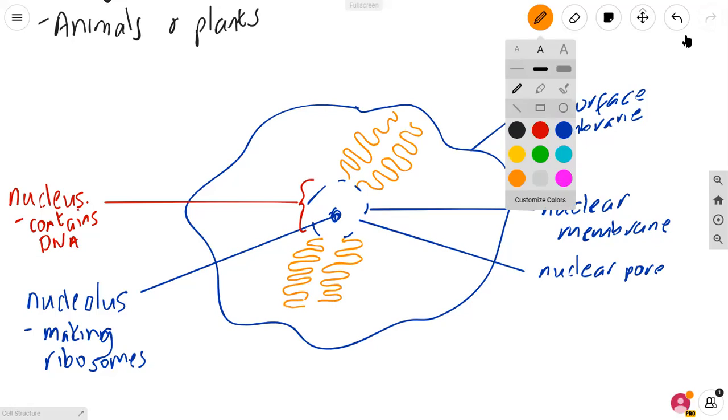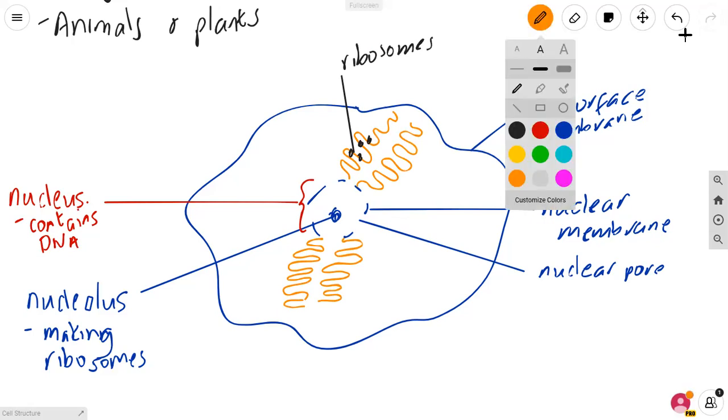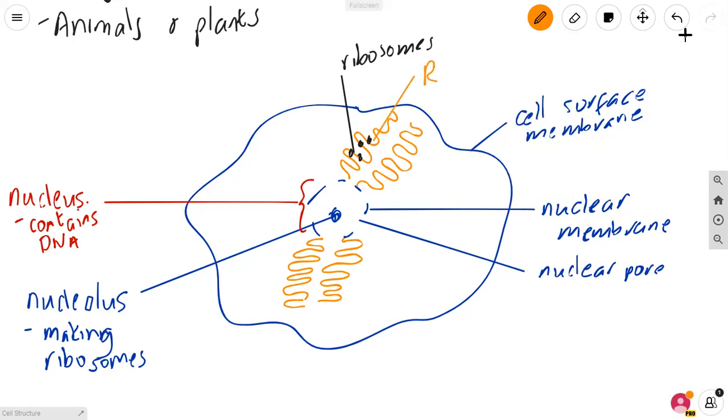They could be the type that contains on them structures which are called ribosomes. And in that particular case, with ribosomes on it, this is called the RER, which stands for the rough endoplasmic reticulum.